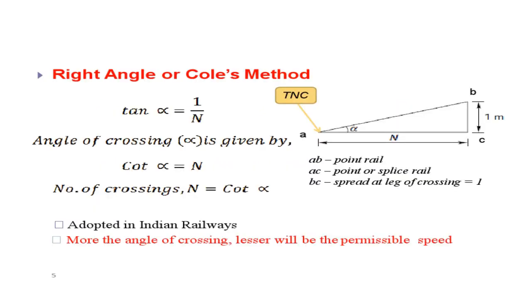First one is the right angle or Coles method. You can see that this is the figure which is adopted for finding out the number of crossings as well as the angle of crossing. AB is the point rail and AC is the point or splice rail. If in case you don't remember what a point rail and splice rail are, I'll just tell you.